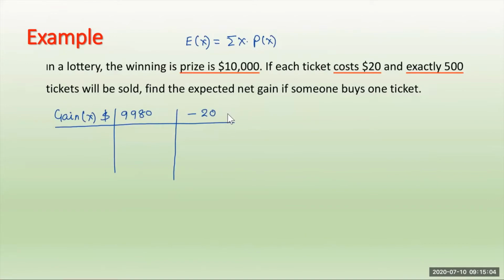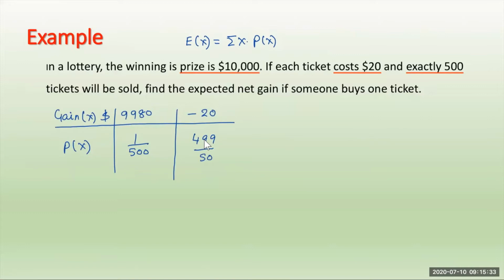Now, if you find the probability P of x, one ticket is gaining. Out of 500, only one of them will gain. So the probability is 1 out of 500. And if one of them will gain out of 500, 499 of them will lose. 499 out of 500 will not gain.